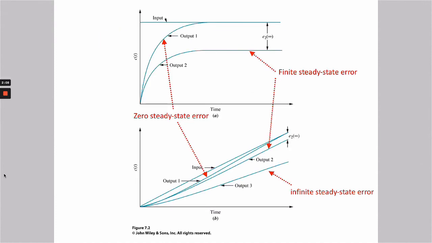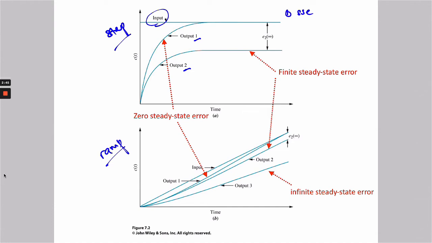Okay, for this plot here, we can see that, for example, this is the input step, and then this is actually a ramp function over here. So you can see here, this is the input. We have output 1 and output 2. For output 1, we can say that it has 0 steady state error.